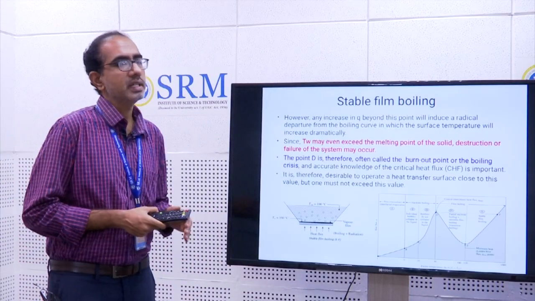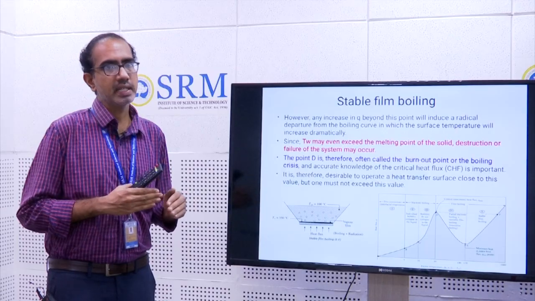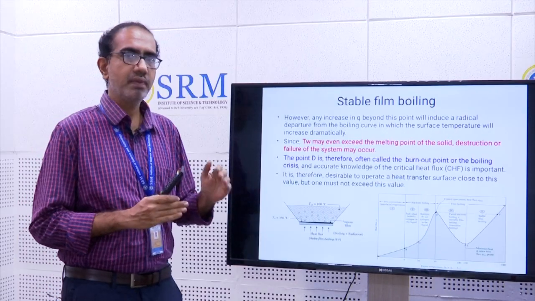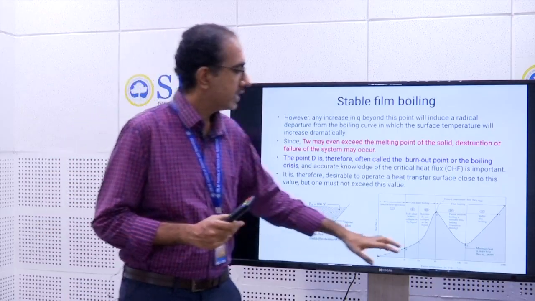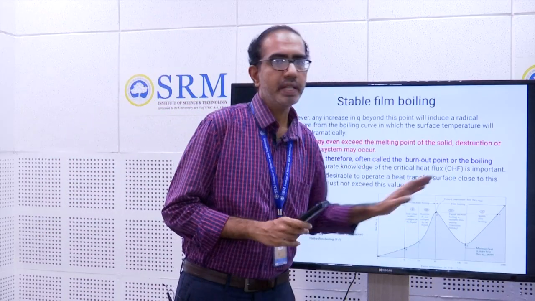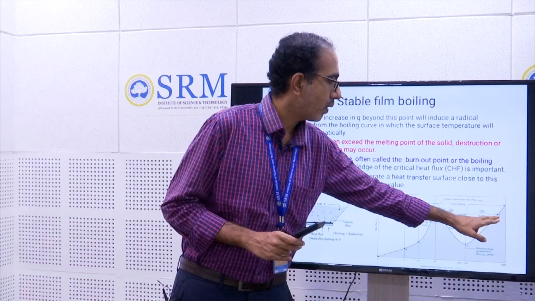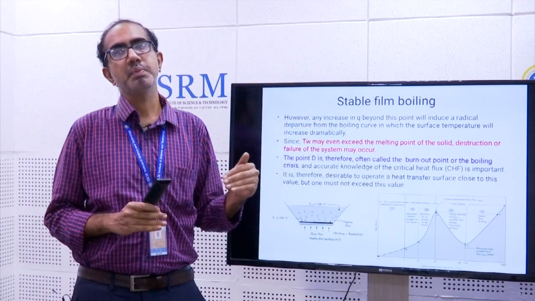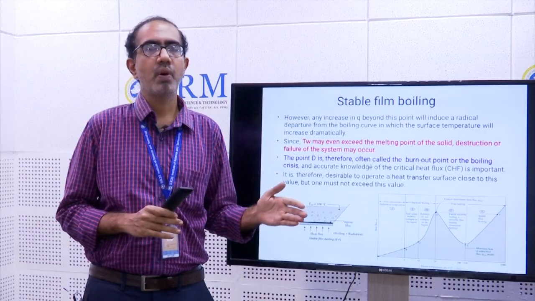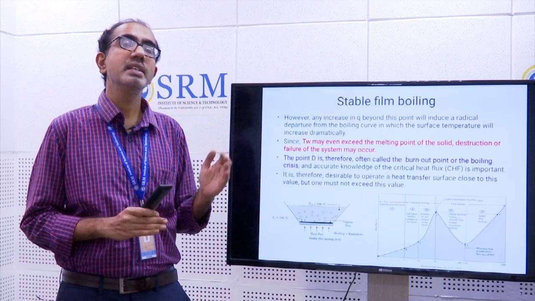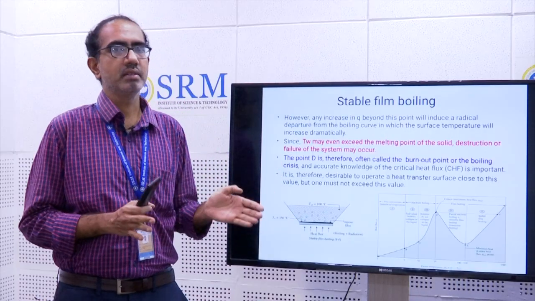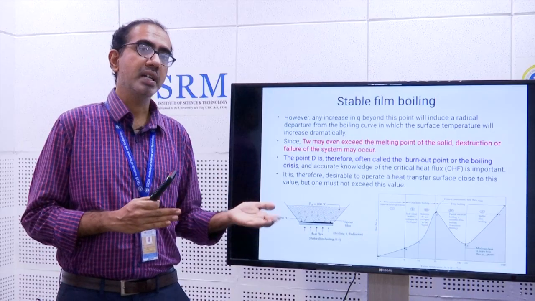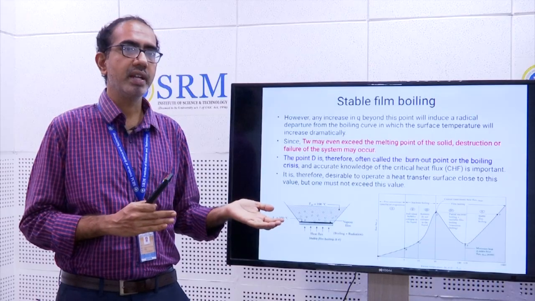Now what happens if we go further? The heat transfer takes place between the vapor and the liquid, the heat flux is going to increase, and it goes to point F. When the boiling condition reaches point F, it is unsafe for the material, because it reaches the melting point of the material or above.